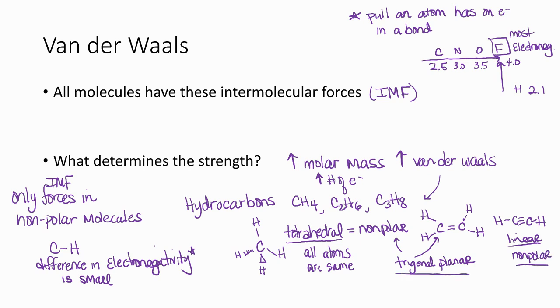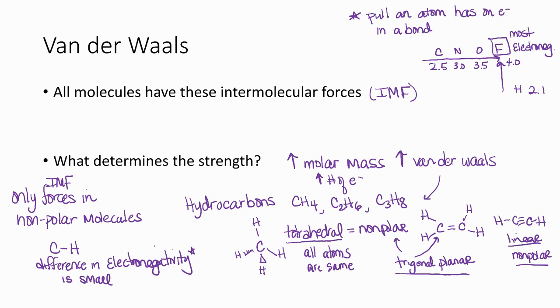So provided that all the atoms are the same around the central atoms, then tetrahedral, trigonal planar, and linear are all nonpolar shapes. They lead to nonpolar molecules, and that leads to having van der Waals as the strongest intermolecular force that these have.